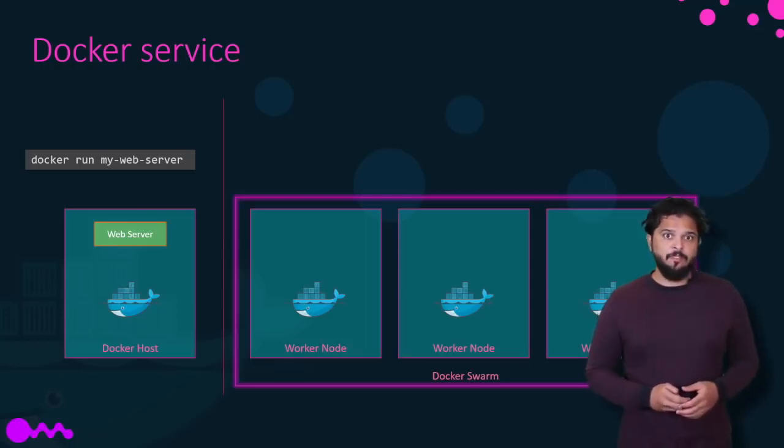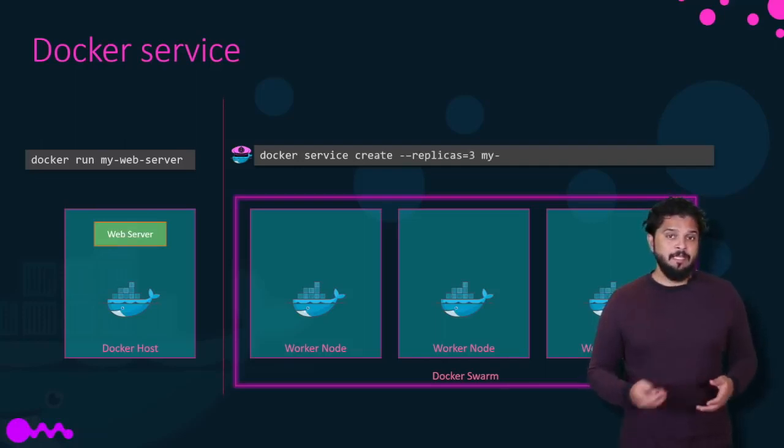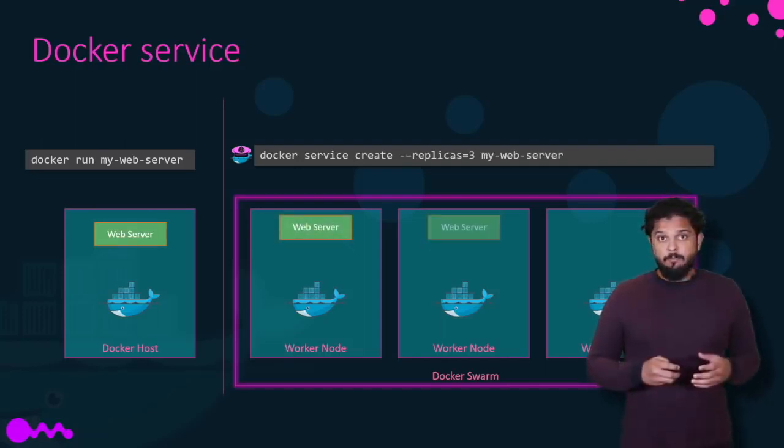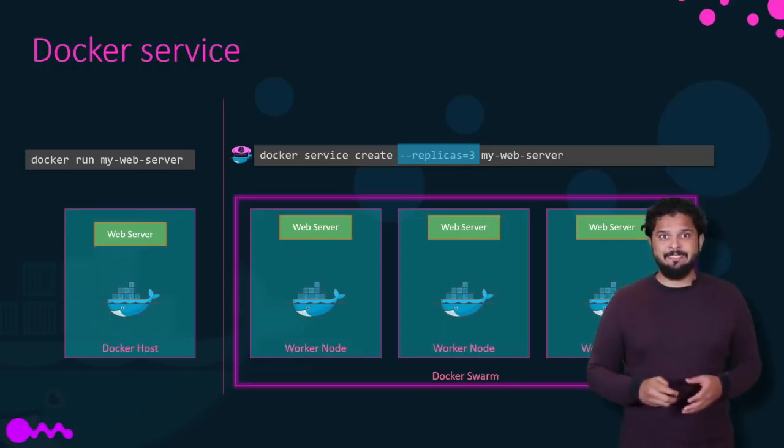For this, I run the docker service create command on the manager node and specify my image name there, which is my web server in this case, and use the option replicas to specify the number of instances of my web server I would like to run across the cluster. Since I specified 3 replicas, I get 3 instances of my web server distributed across the different worker nodes.